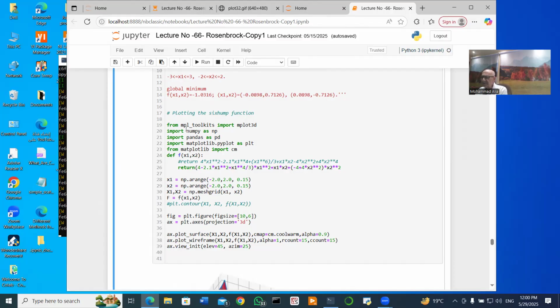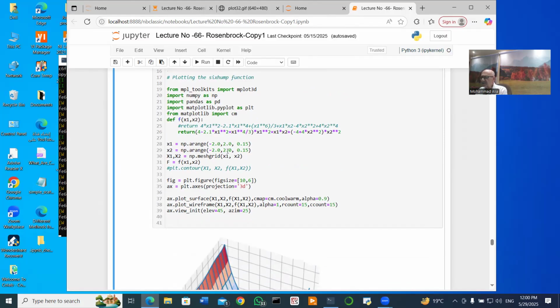So at the beginning, as usual, we import the necessary libraries and functions and methods as shown here. We define the function. The definition is given to you here also. And considering the bounds of the function, we define an array x1 which represents the values of the x coordinate between -3 and 3.